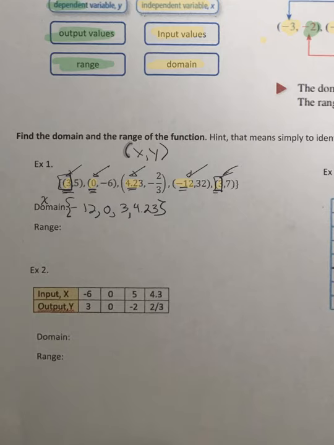For the range, we're just listing what's coming out of the machine. The y values are your range. So that's what's coming out of the machine, and we like to list them from smallest to largest. You have to think of a number line. When I'm looking at this, negative 6 is definitely the smallest number. We're going to use the little set notation.